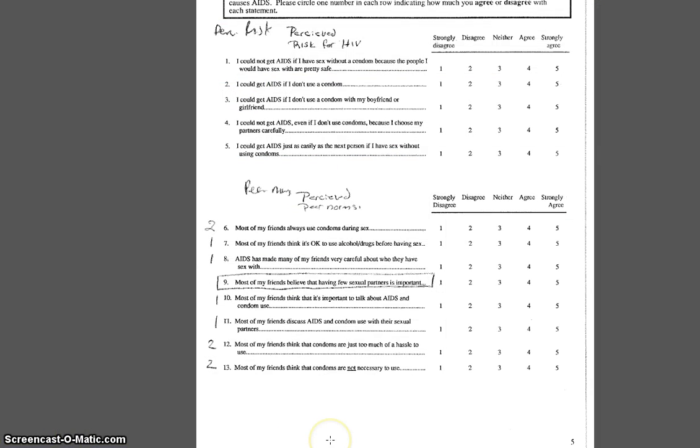We're talking about peer norms here, and I've just taken a break and opened up the survey, and here's the peer norms section, I believe. If we look especially at items number 7 and 8, most of my friends think it's okay to use alcohol and drugs before having sex. I would think that, just from my own personal point of view, you may differ, that people who are highly religious or somewhat religious may have different peer norms than those who are not at all religious.